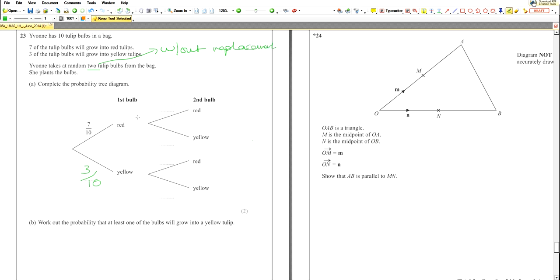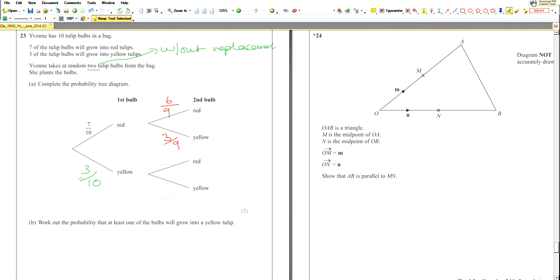In the second go, when we take the second red bulb out, there won't be 10 bulbs left anymore. There'll be only 6 of them. 7 red becomes 6 red. The 10 total becomes 9 because you removed 1. So that's 6 9ths. That automatically will have to become 3 9ths.